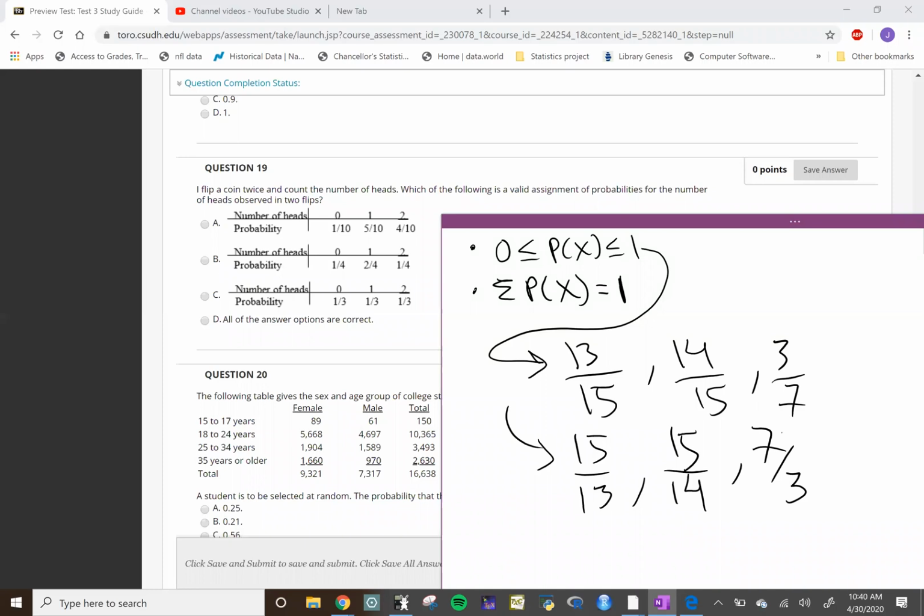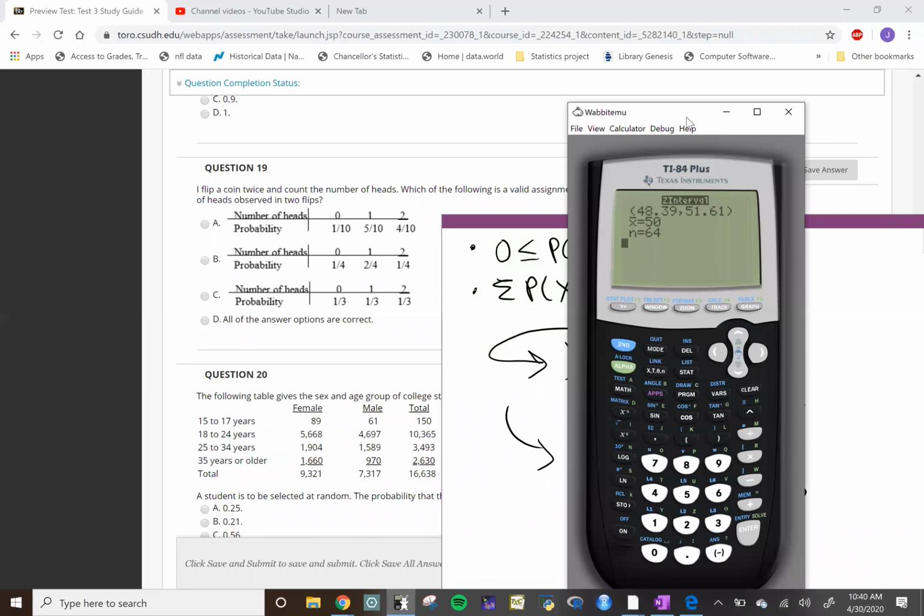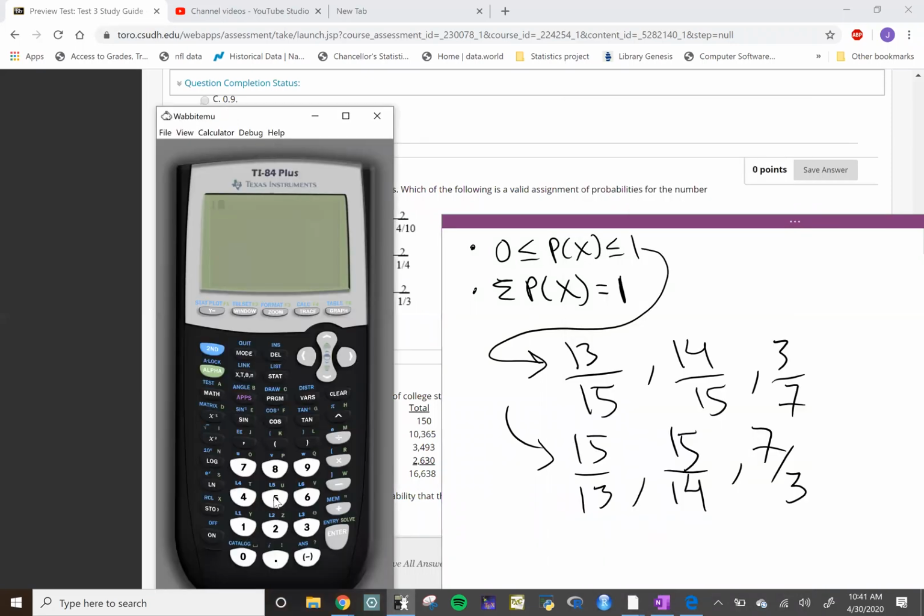Because the top number is smaller than the bottom number, I know the probability is between 0 and 1. Like if you do 15 divided by 13, you'll see how you get something bigger than 1. But if you do 13 divided by 15, now you see how it's between 0 and 1. So that's why you're looking for the top number to be smaller than the bottom number.